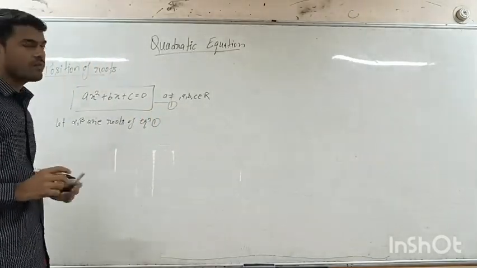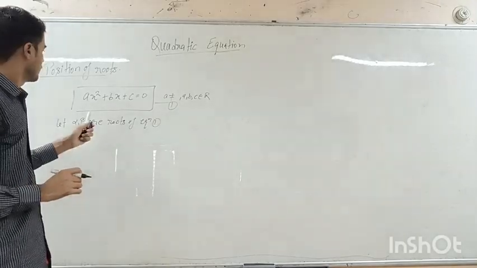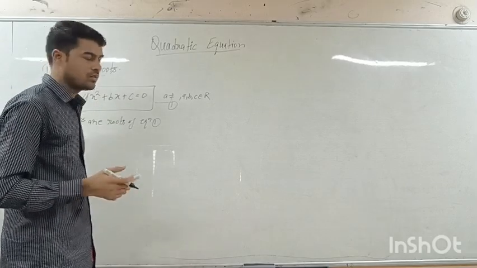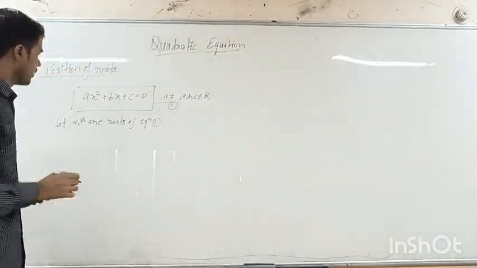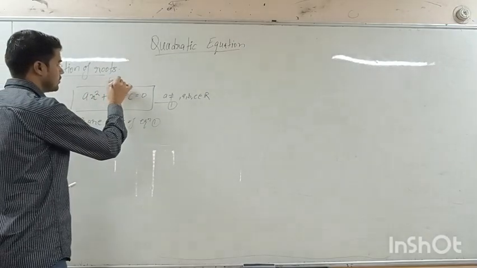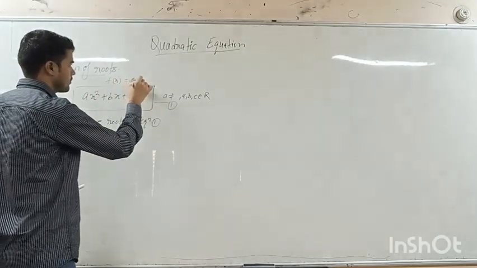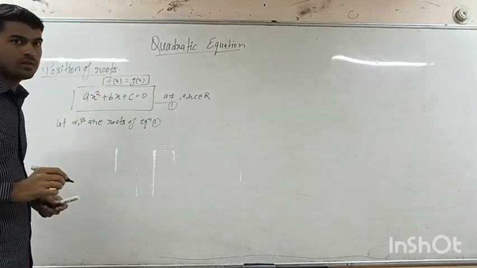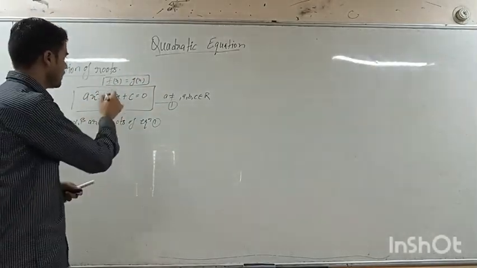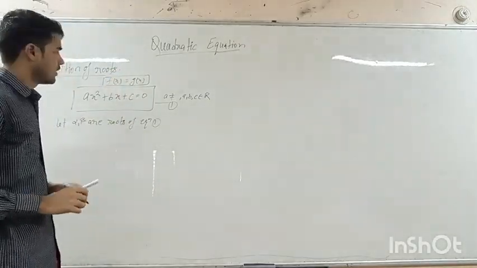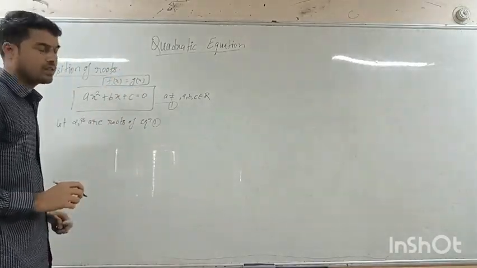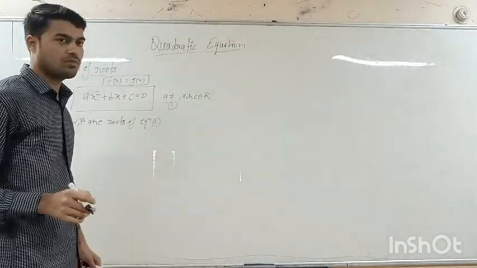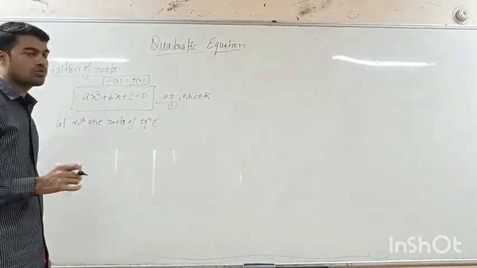So how can we find the roots of any quadratic equation? Either we solve it with the formulas we know, or if f(x) equal to g(x) is any equation and we want to find its roots, then we can draw the graph of f(x) in the Cartesian plane and the graph of g(x), and where they cut, the intersection points are called roots of the equation.